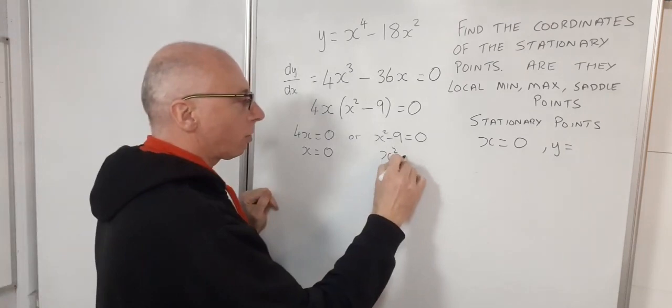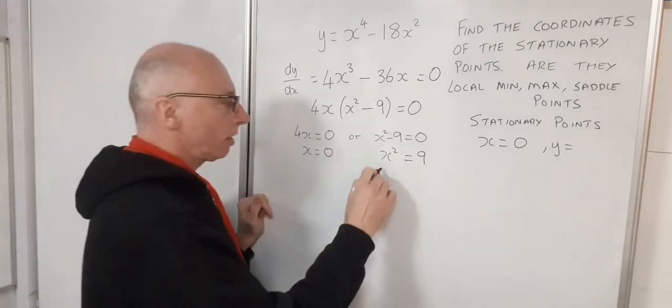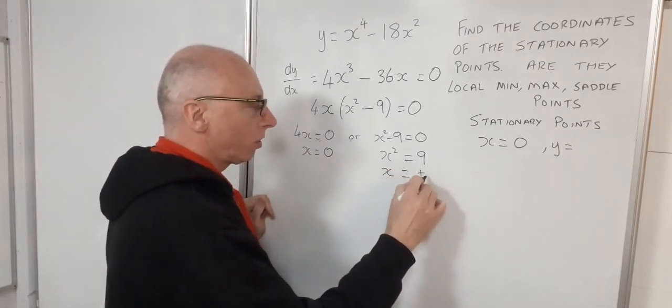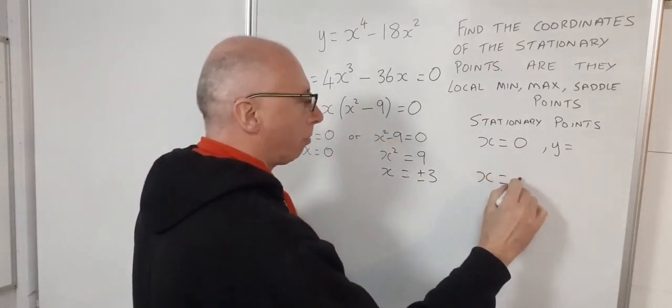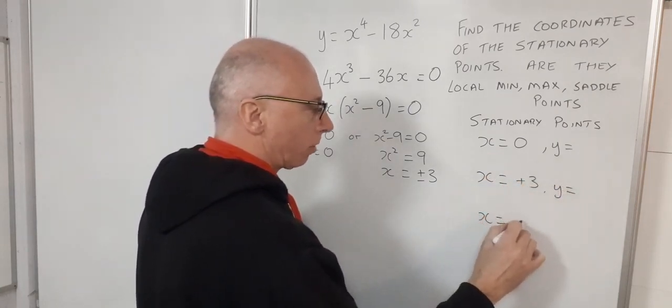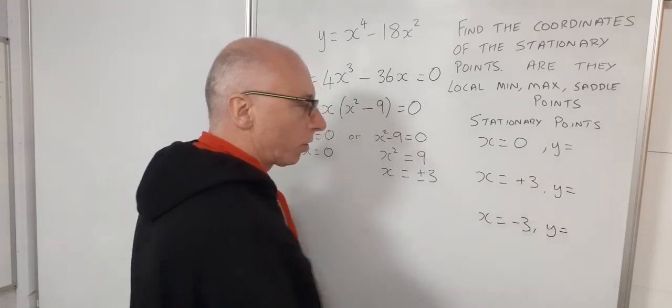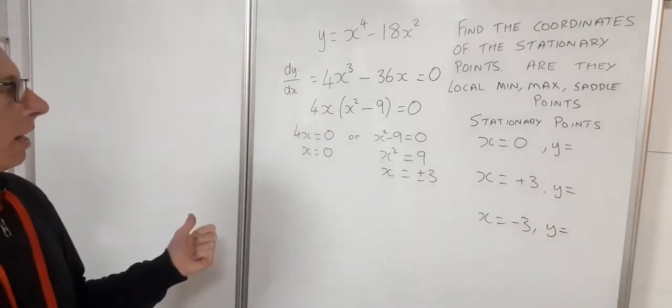So now I'll have x squared equals positive 9, take the square root on both sides, so x equals plus or minus 3. So I've got x equals positive 3, I'll find the y in a moment, and x equals negative 3, we'll also find the y in a moment. Okay, so that takes care of that.